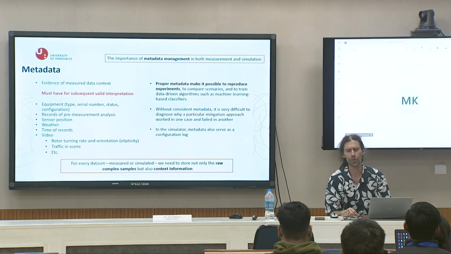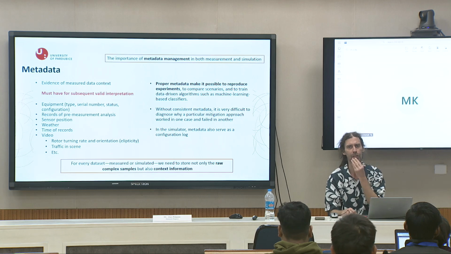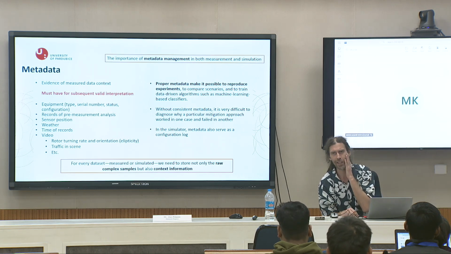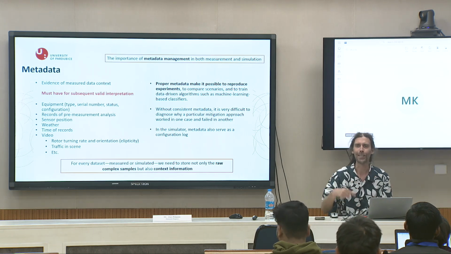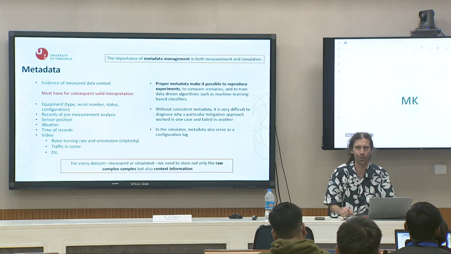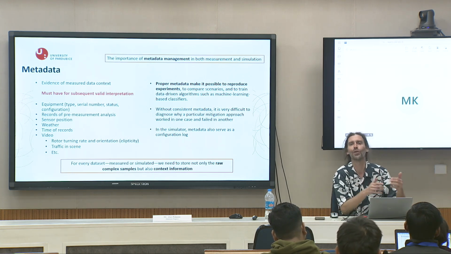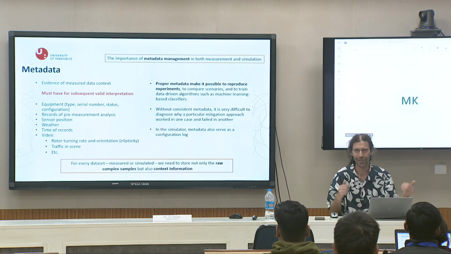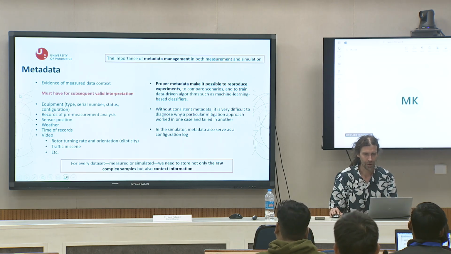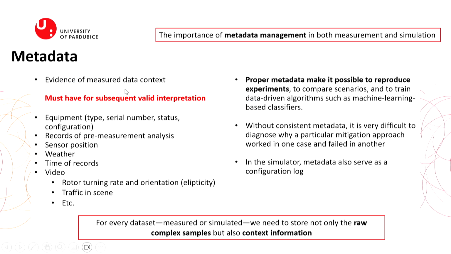I know something about it, because at the start of our measurements sometimes we forgot something and needed to measure again, because sometimes we forgot to save something. So all measured data must have subsequent valid interpretation. You need to know the conditions.